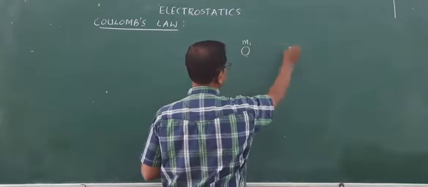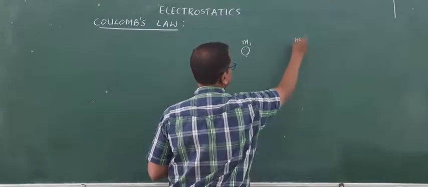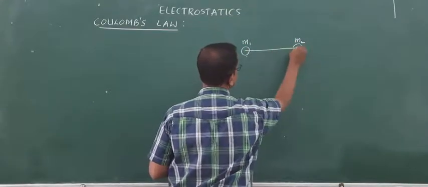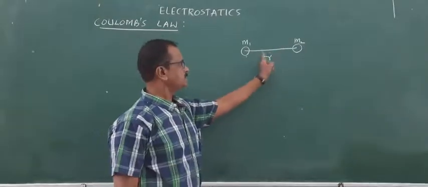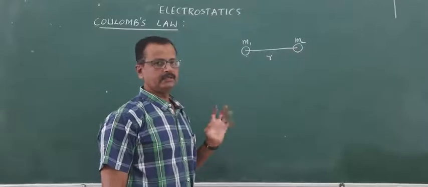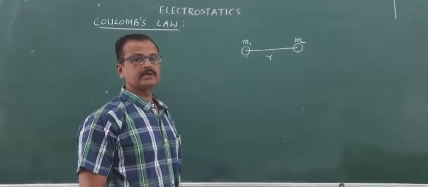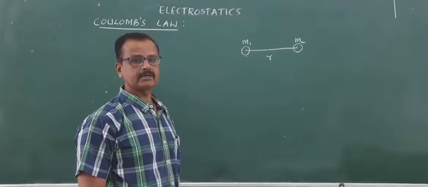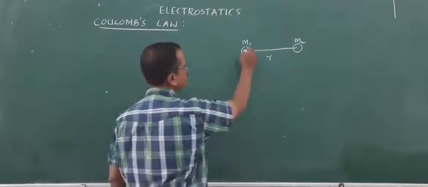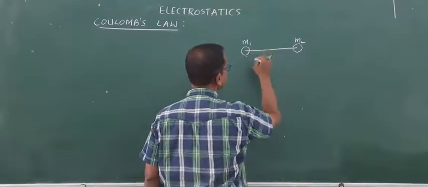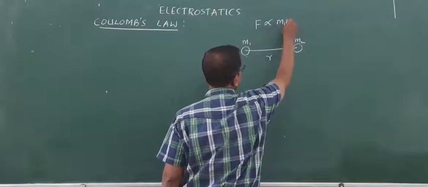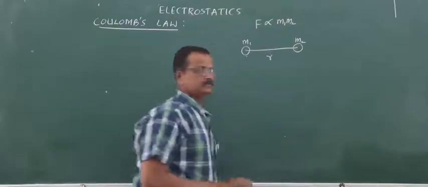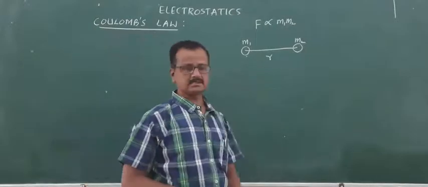If there are two masses, m1 and m2, separated by some distance r, if their centers are separated by a distance r, then Newton's universal law of gravitation states that the force of gravitation existing between them is directly proportional to the product of the masses.